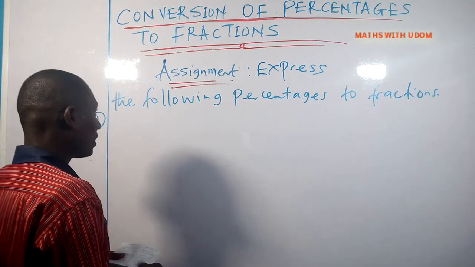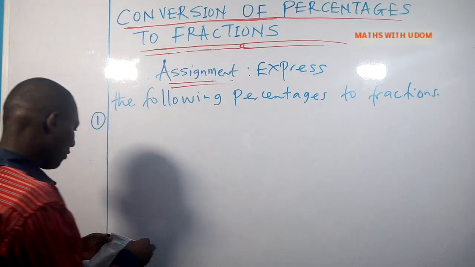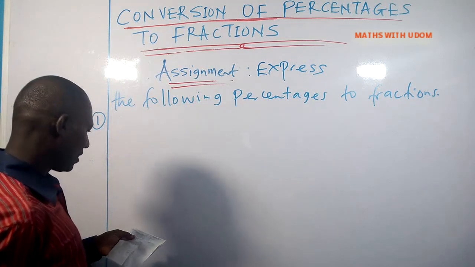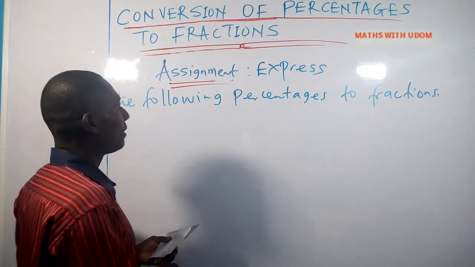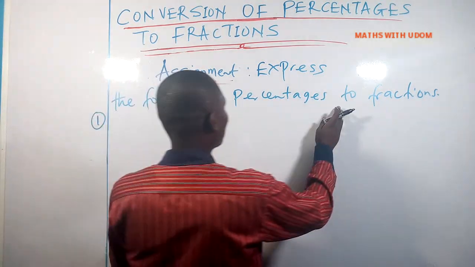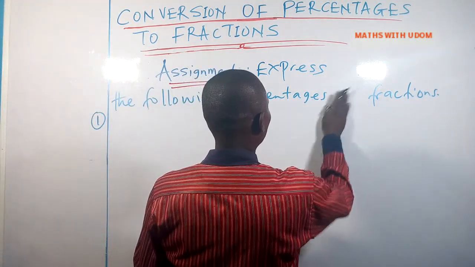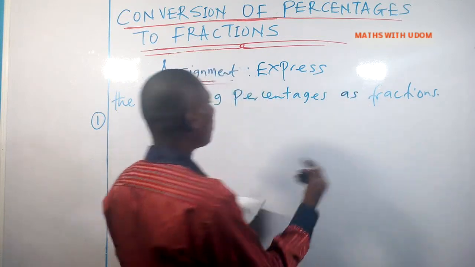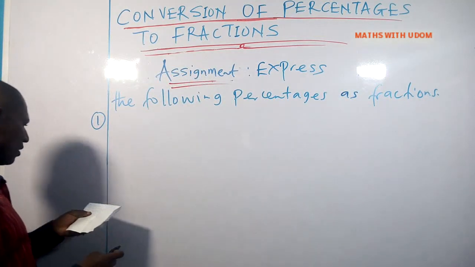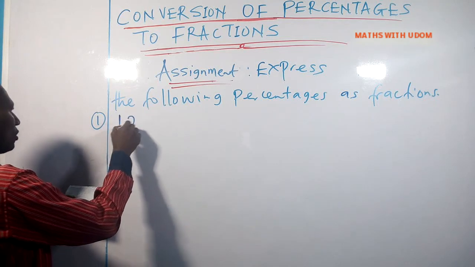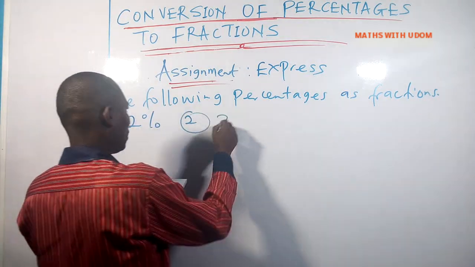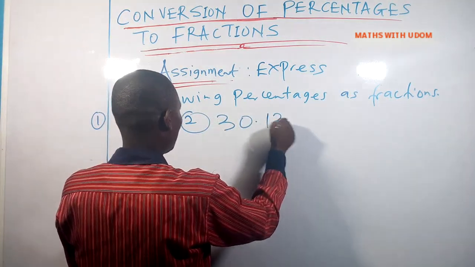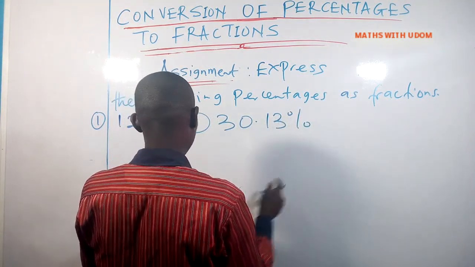So the question says, express the following percentages as fractions. Okay? Express the following percentages as fractions, or convert them to fractions. Number 1 is 12%. Number 2 is 30.13%.